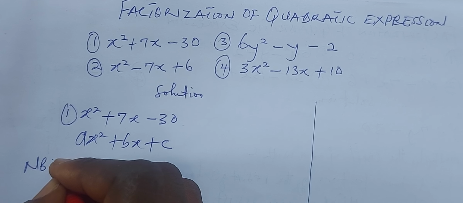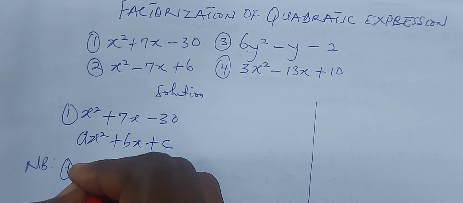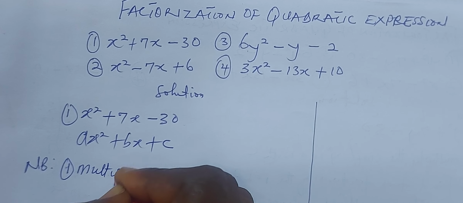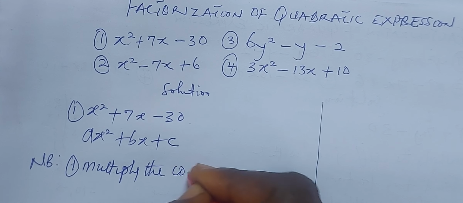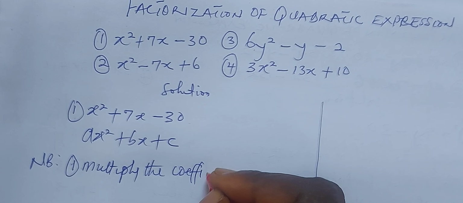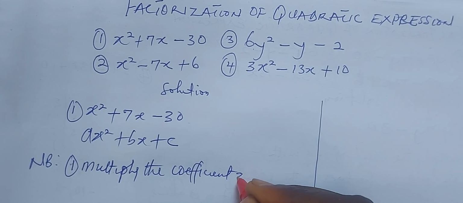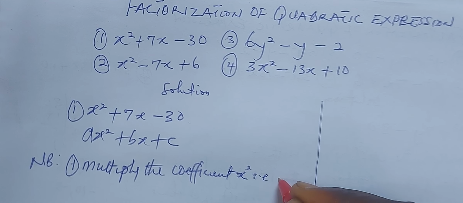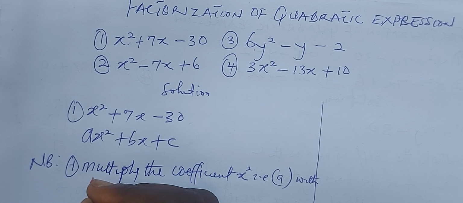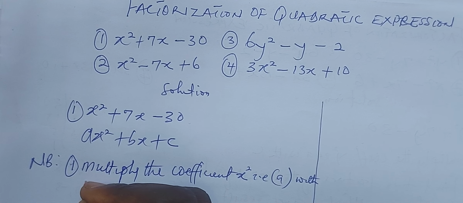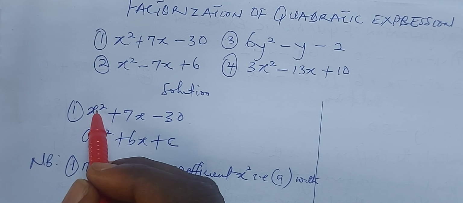Number one, you need to multiply the coefficient of a, which is the coefficient of x squared, with c. So a multiplied by c.